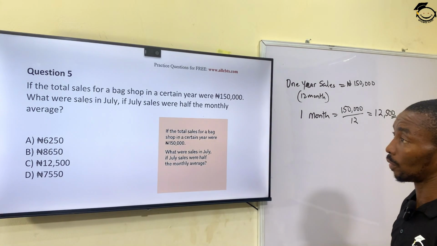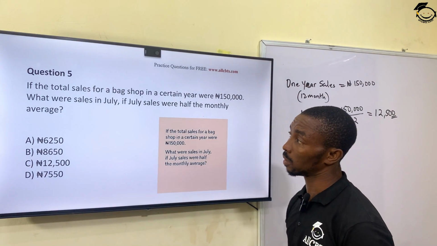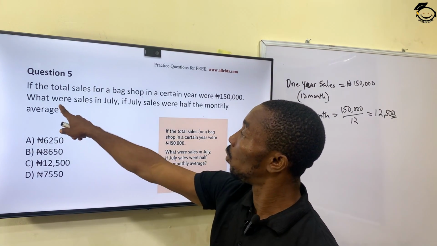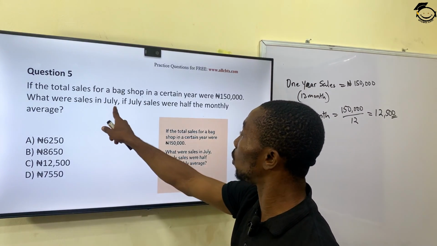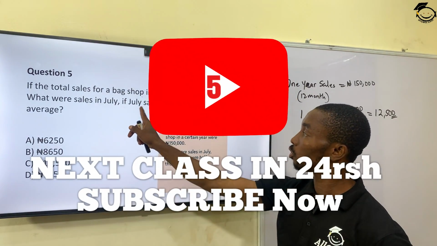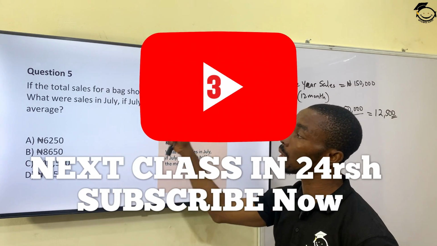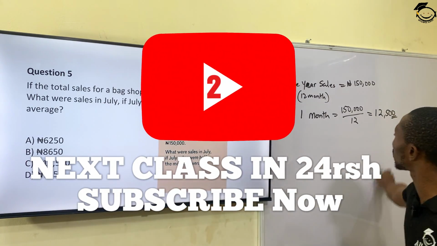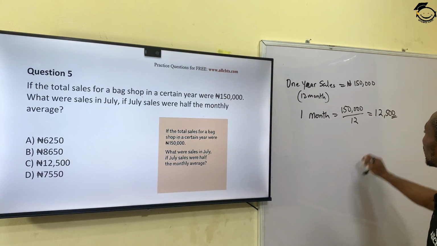Now, our next line of statement says, what were sales in July if the July sales were half the monthly average? Now, our monthly average is 12,500.